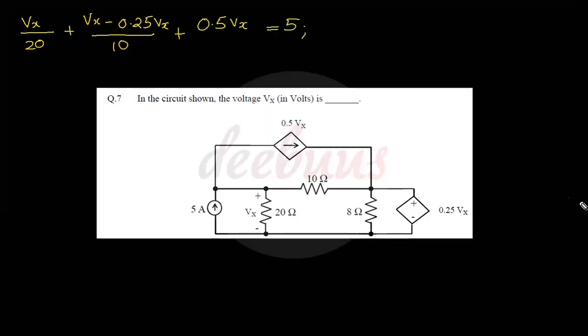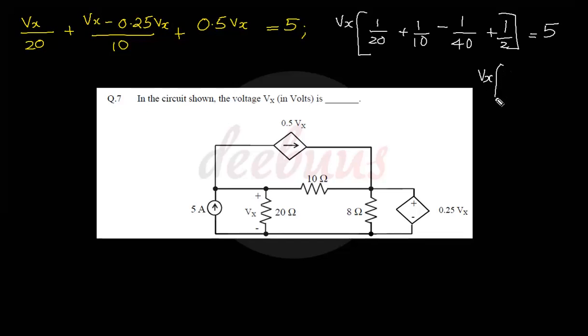Now we can simplify it, taking Vx common: Vx into (1 by 20 plus 1 by 10 minus 1 by 40 plus 1 by 2) equals 5.